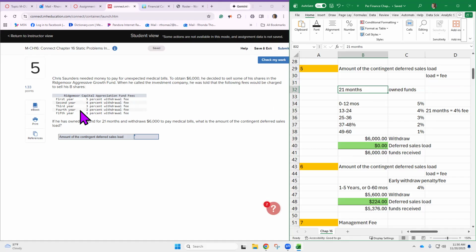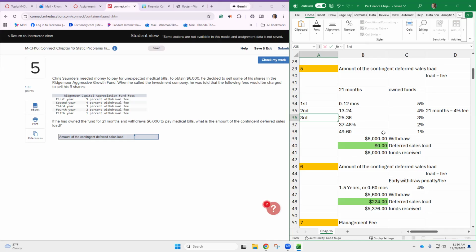So I've got this fee put in months. Notice they put it in years. So from 0 to 12 months, if he pulls money out, there's going to be a charge of 5% of however much he pulls out. If the second year and so forth. So if you look and see that 21 months falls in that second year, right?